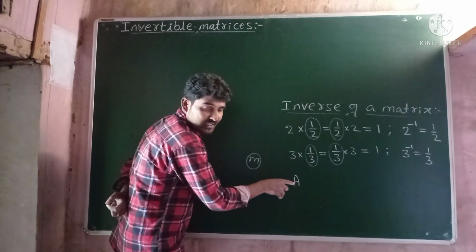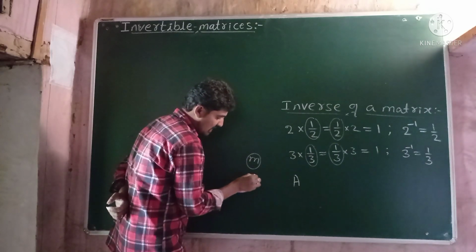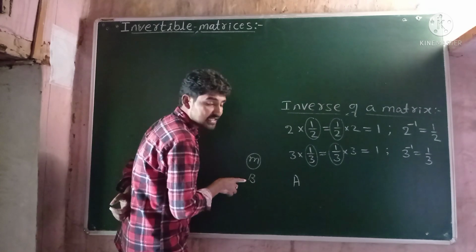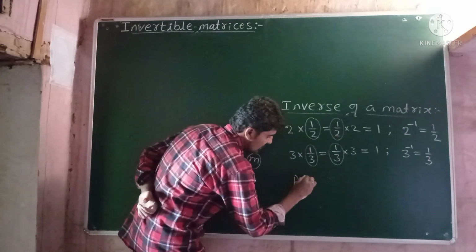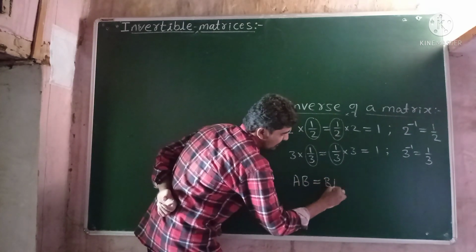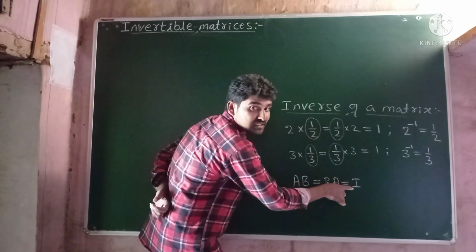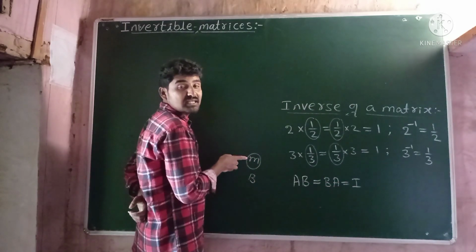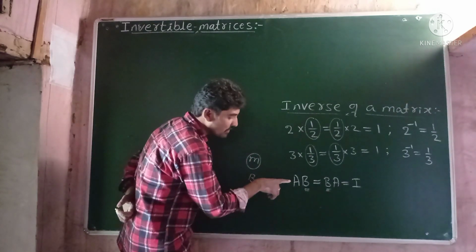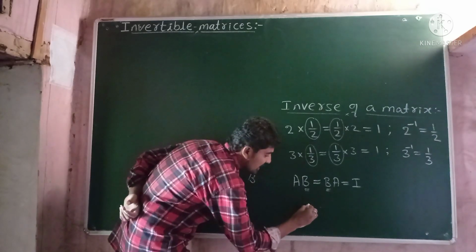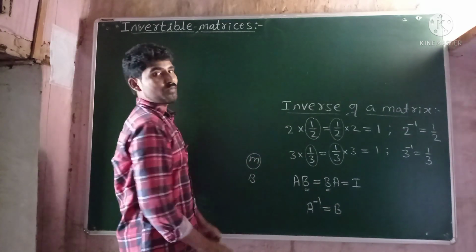In other words, if A is a square matrix of order m, and if there exists another matrix B whose order is same as order of the matrix A, such that AB is equals to BA is equals to unit matrix I, where order of this unit matrix is also same as order of the matrix A and B. Then this matrix B is called inverse of the matrix A, and we write it as A inverse is equals to B matrix. I hope all of you understood.